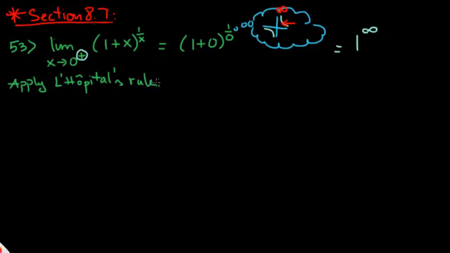Before we do this, since it's in the form 1 raised to infinity, or if you see the case 0 raised to the 0, both of them are solved by the same concept.